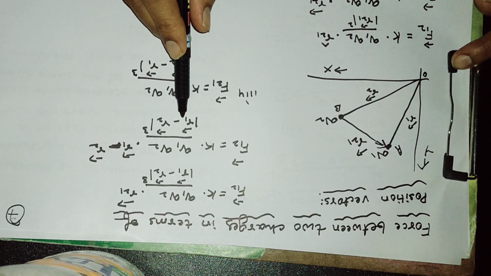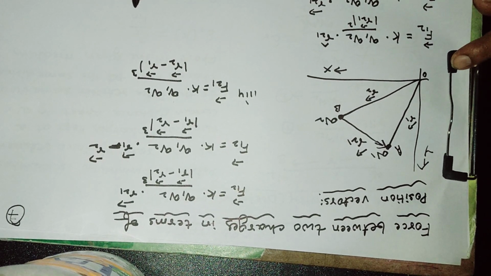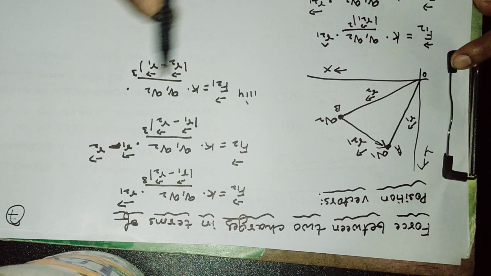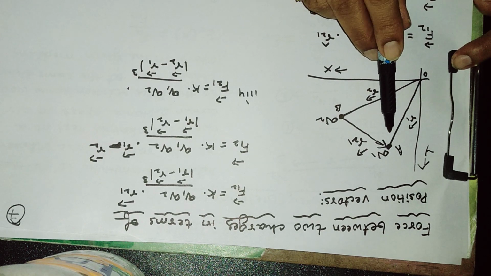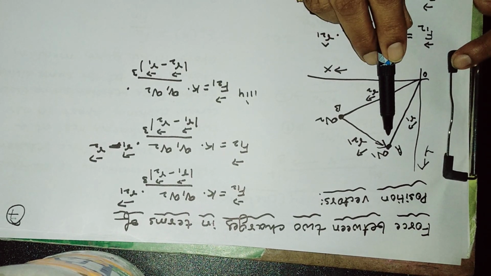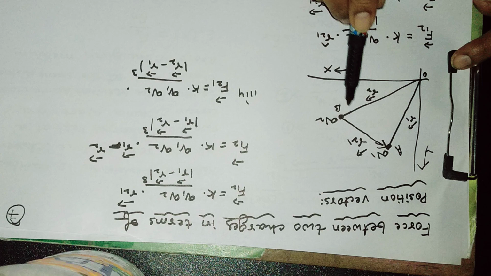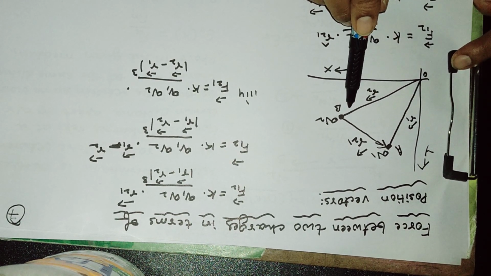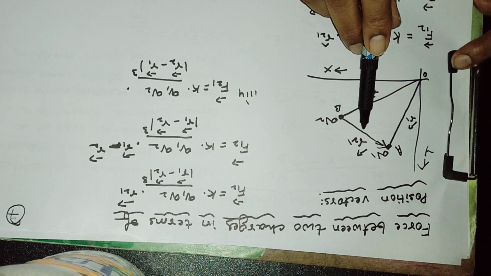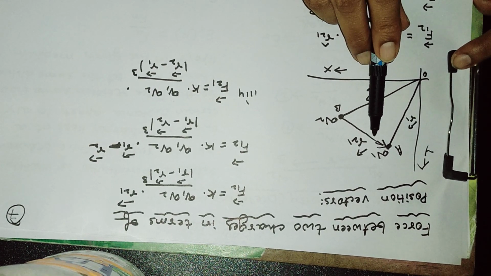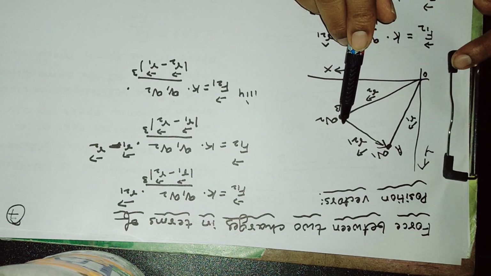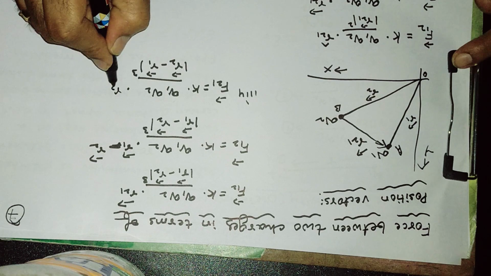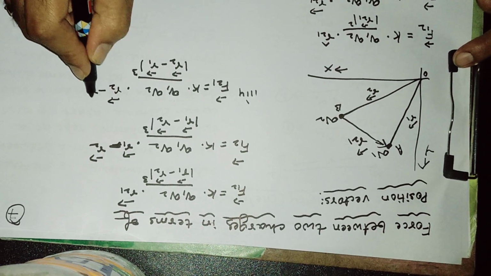Of course, magnitude of vector R1 minus R2 will be equal to magnitude of vector R2 minus R1, into, here it is very important. When you think of the force acting on the second charge due to the first charge, again the second charge will be repelled by the first charge because we have considered that these two are like charges. So naturally the displacement vector will be from Q1 to Q2. So it will be R12, which will be vector R2 minus vector R1.